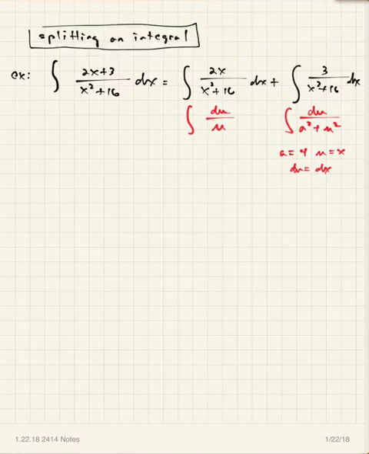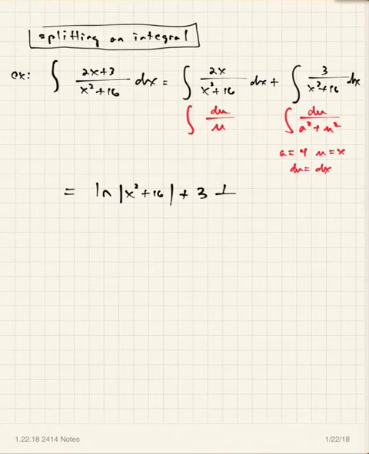And so we're ready to write down the antiderivative. So the antiderivative for the first term would be the natural log of x squared plus 16, because it's exactly in the form du over u, just like it is. On the next term, the 3 comes down for the ride. It just sits outside the antiderivative. And then you have 1 over a.